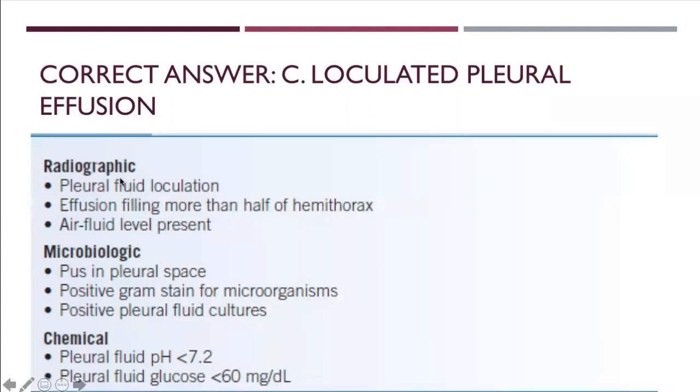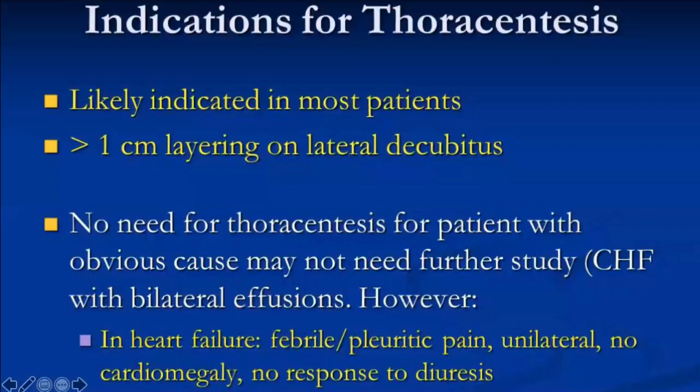So radiologically, if the fluid looks purulent or is culture positive, or if there is a pleural fluid pH less than 7.2 or a glucose less than 60, these are the indications for thoracentesis.